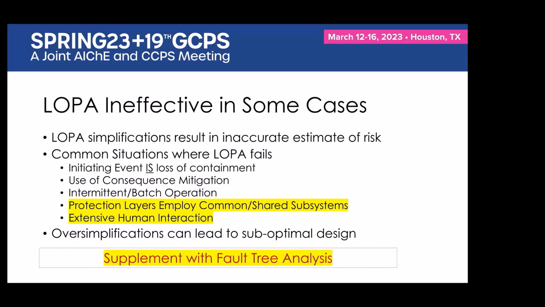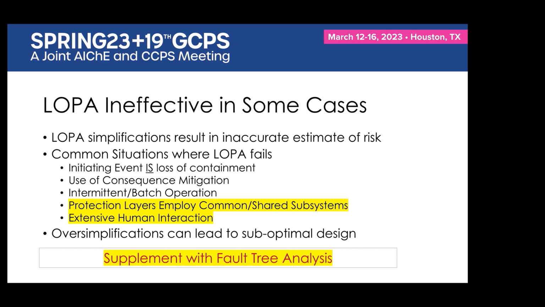Okay, so LOPA uses a lot of simplifications, and sometimes those simplifications have a marginal effect on the result and make LOPA useful. Sometimes the simplifications completely blow up and make the LOPA ineffective right out of the gate. So some common situations where LOPA is going to fail.